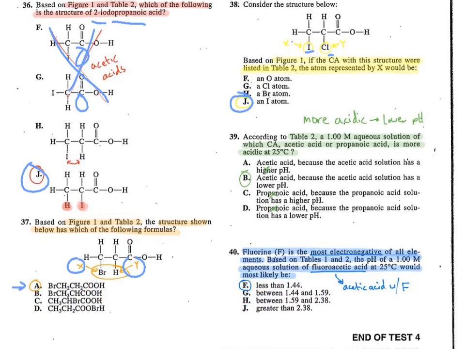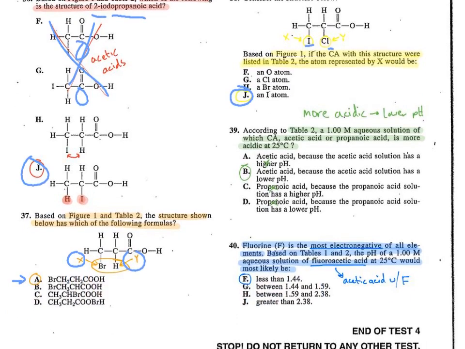Question 39 was saying, according to Table 2, a 1.00 molar aqueous solution of which, acetic acid or propanoic acid, is more acidic at 25 degrees Celsius. If you're more acidic, that means you have a lower pH.